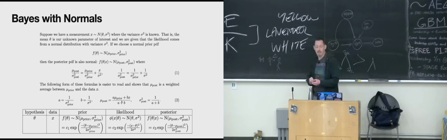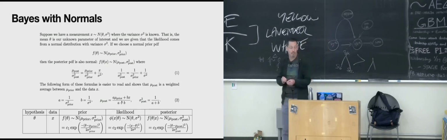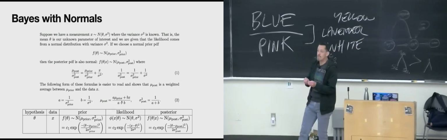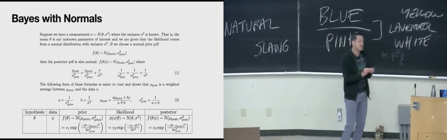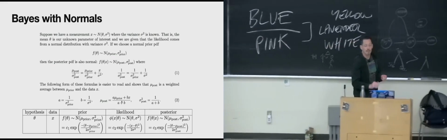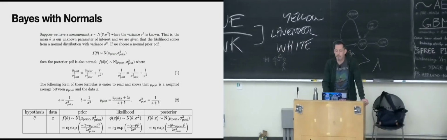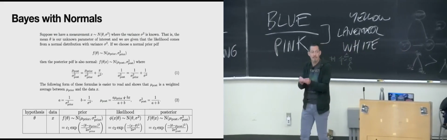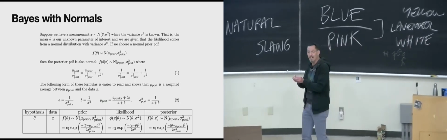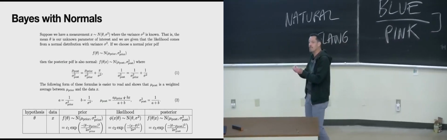A and B, those are terms which are related to the standard deviation on the prior and the observed standard deviation, okay? So essentially, this is a mixture. It's like my observed data here, my prior here. A and B are mixture terms where we're going to make a posterior, which is a linear mix of the prior and our observations.